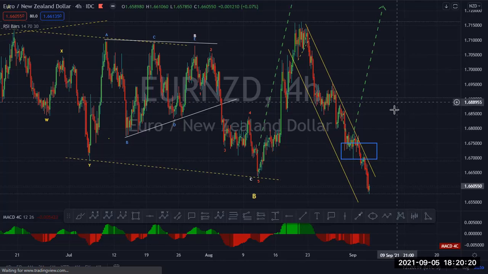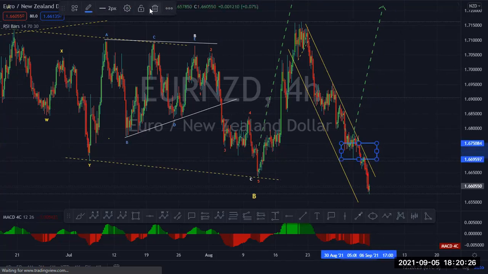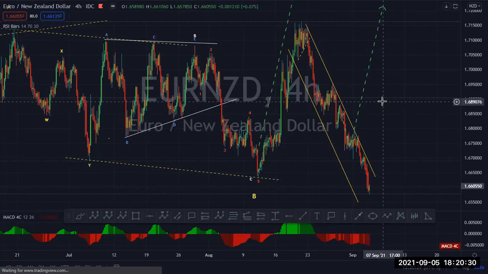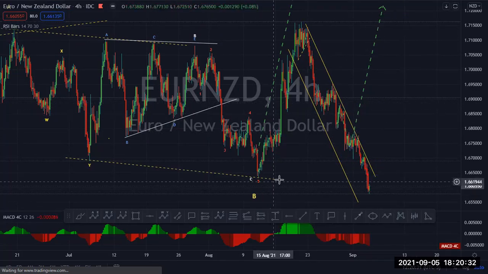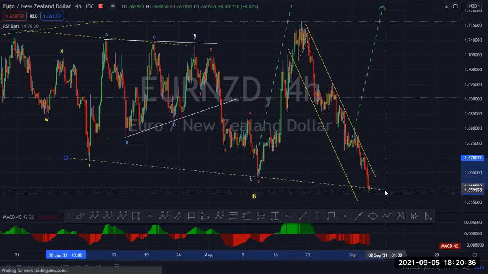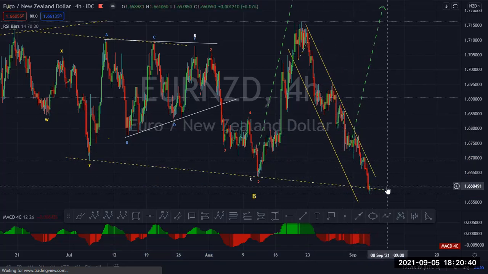As I have said before, that the market has reached the blue box is not a reason for you to enter, buy or sell. The blue box is where I expect the market to turn, but not a must that it will turn there. So it can decide to extend. As you can see, it has extended.